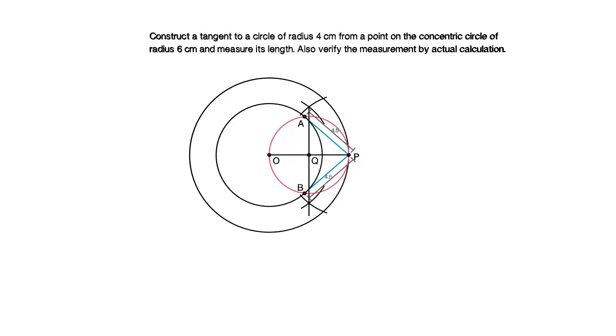The length of the tangent is 4.5 centimeters, and you can observe here both the tangents have equal length, as it should be. So we need to measure the length of the tangent by actual calculation as well. We have measured the length of the tangent by the construction method. Now we need to verify it by actual calculation.